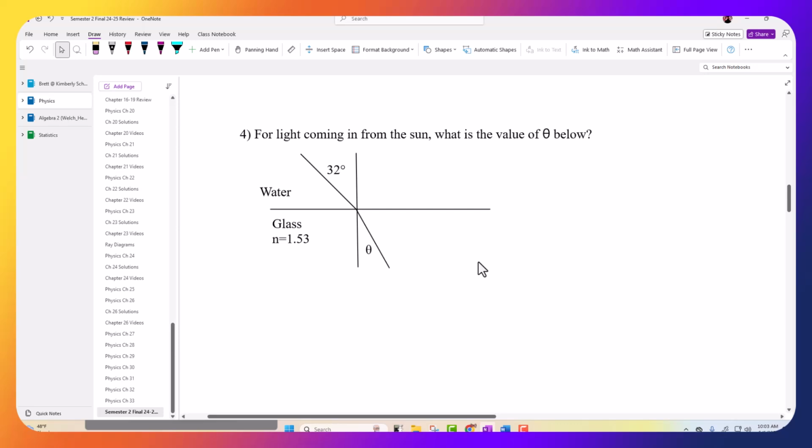We have light coming in from the sun, and we want to know what theta is. Just so that we're clear on a couple of things, I always think these questions are set up in a really generic way, but I watch kids who can't seem to grasp where the boundary line is. That really throws them off. They also have a hard time figuring out where the light is coming from versus going to.